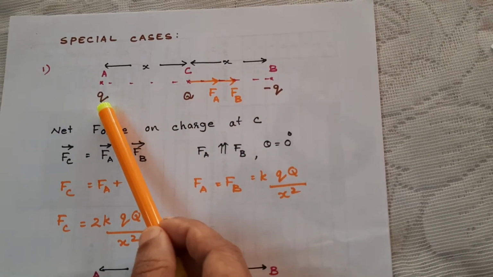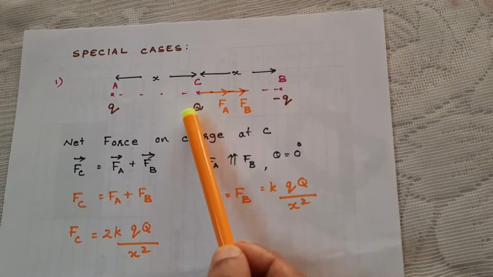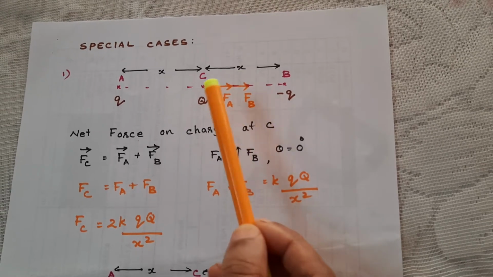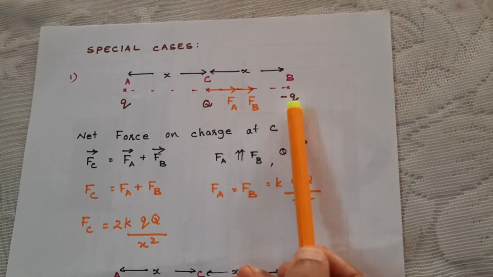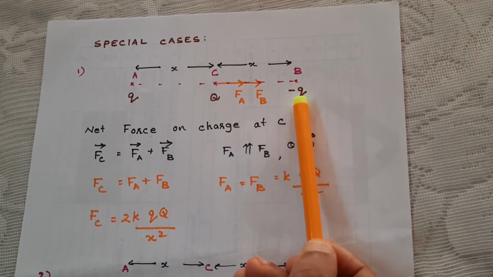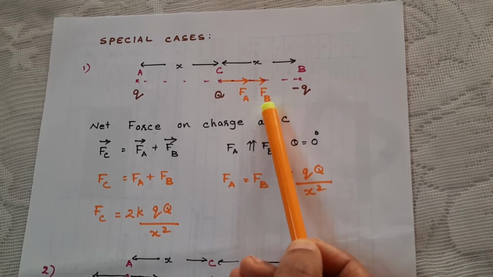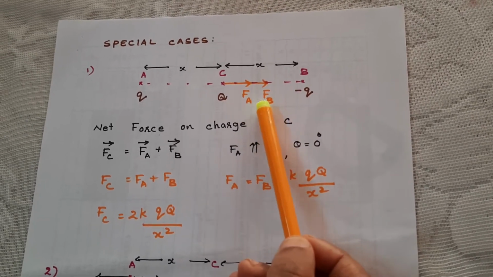The charge at B will exert a force on Q, that is Fb. It is directed towards the charge as the charge is minus Q. The force is attractive. The two forces act along the same line.